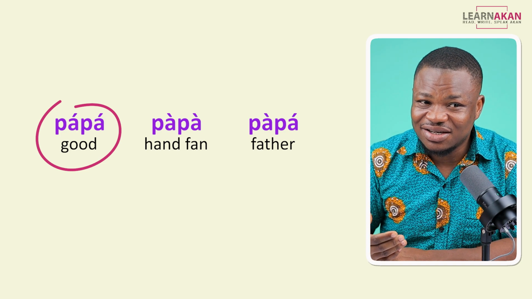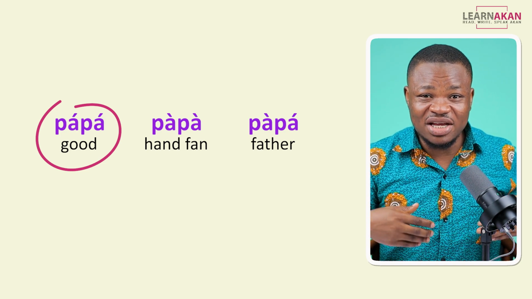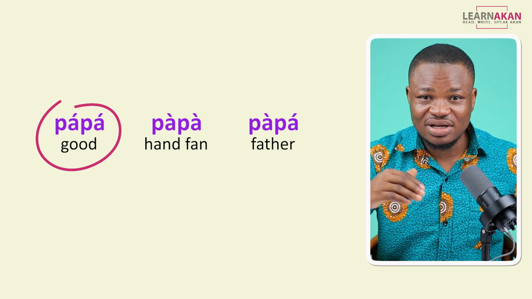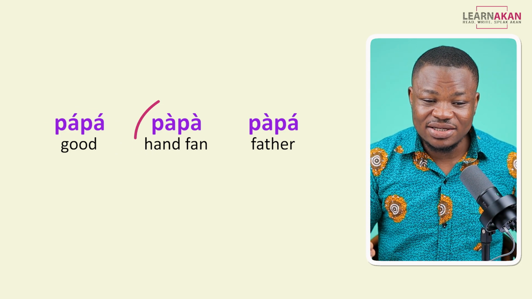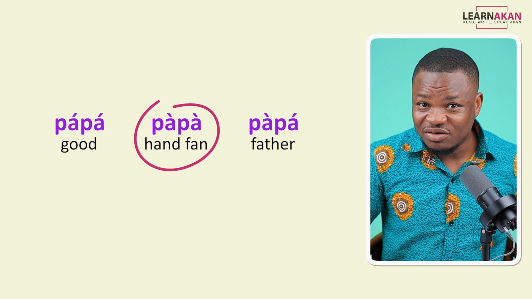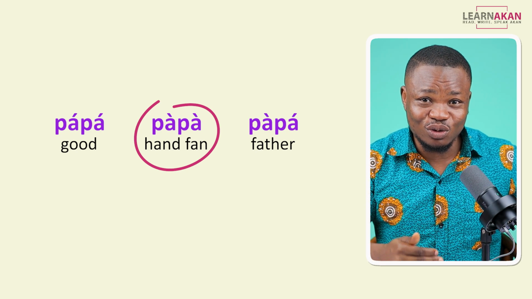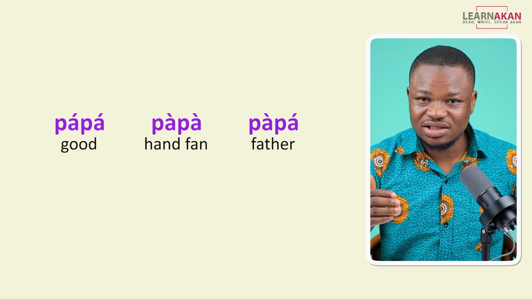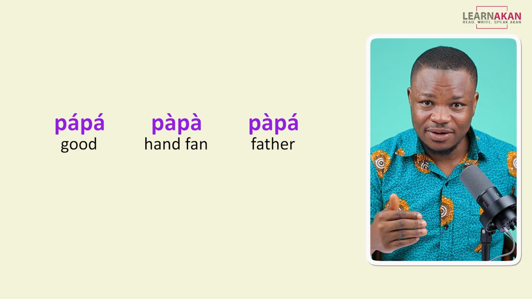So as long as you see this word and it means good, it will always be pronounced with high tone on both syllables. Likewise, papa as hand fan will always have a low tone on both syllables, okay? So they typically do not change when it comes to the tone, all right?